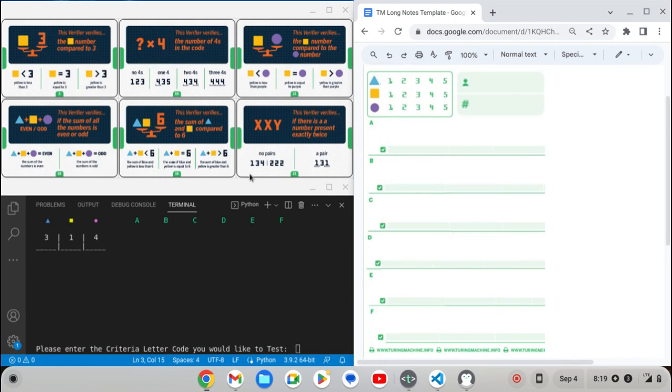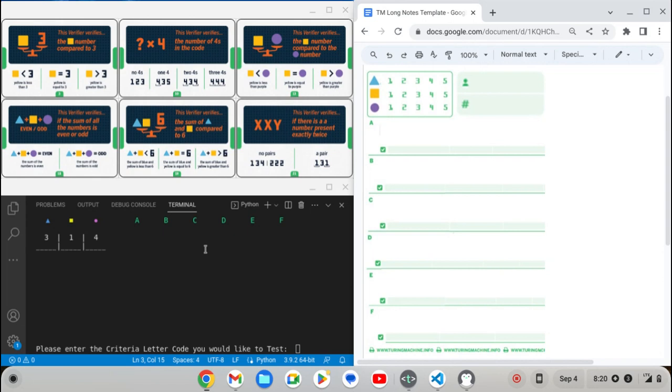One where all the digits are distinct, as in the example 134, or all the digits are the same, as in the example 222. And remember, the objective of today's puzzle is to find that unique 3-digit code that abides by all 6 criteria cards. And we're going to start off with an initial proposal of 314.